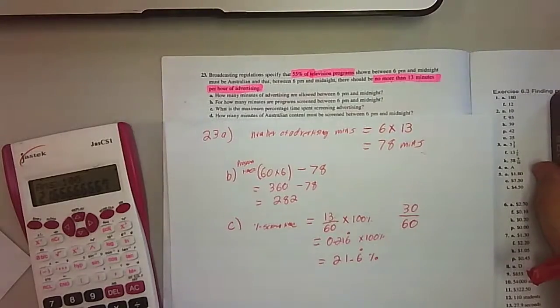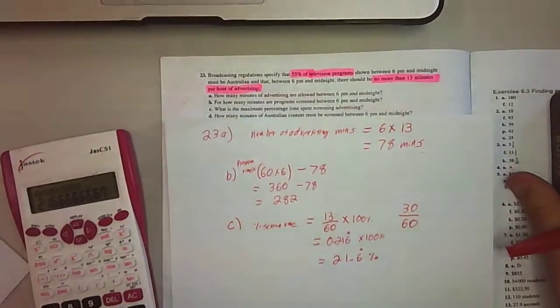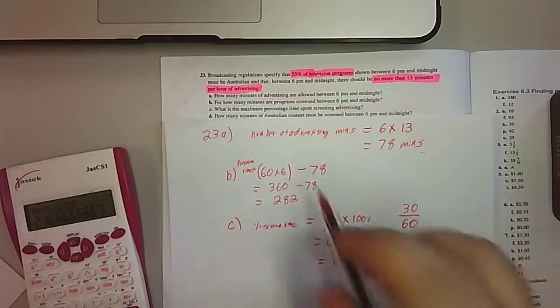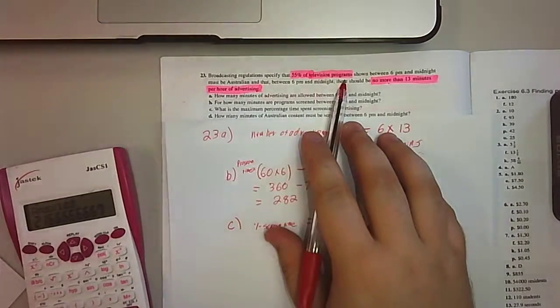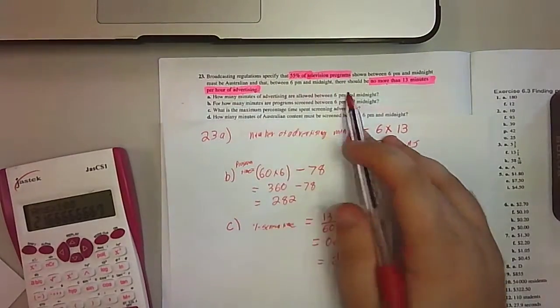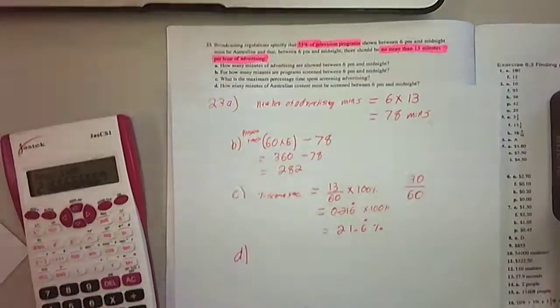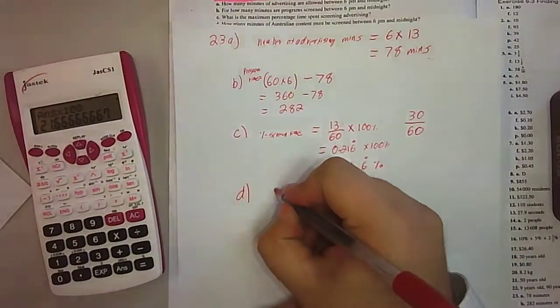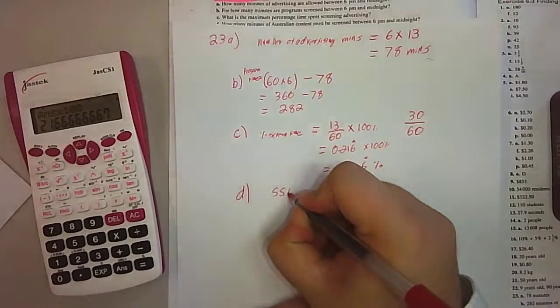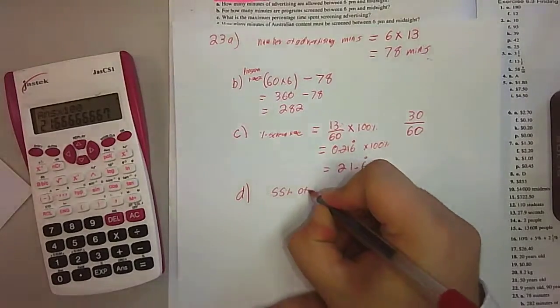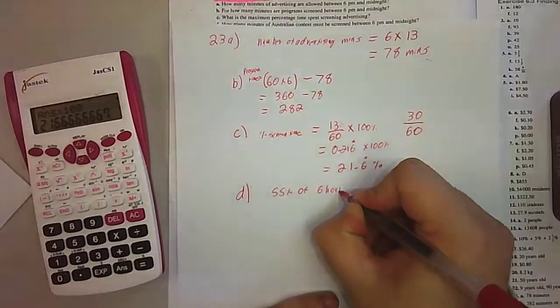How many minutes of Australian content must be screened between 6 p.m. and midnight? Well, they told us it must be 15% of the time, or 55% of the time. So, if it's 15% of the time, or 55% of the time, then I'm probably going to write 55% of 6 hours.